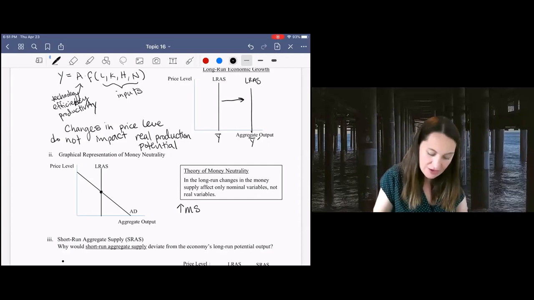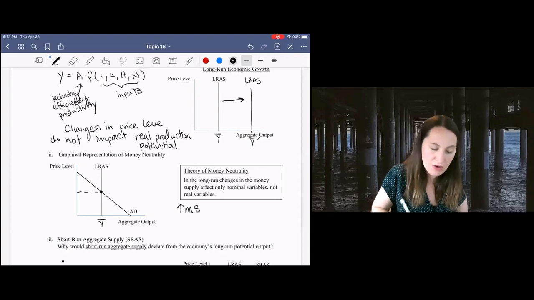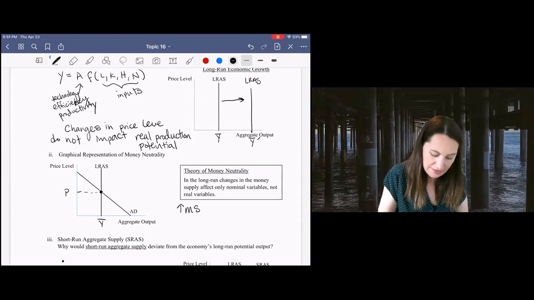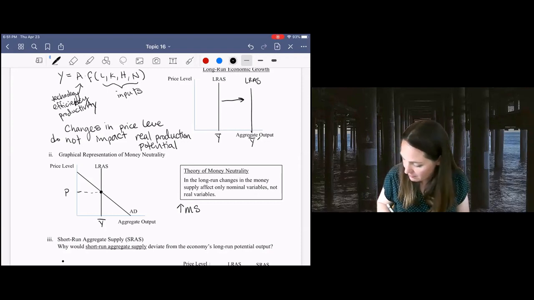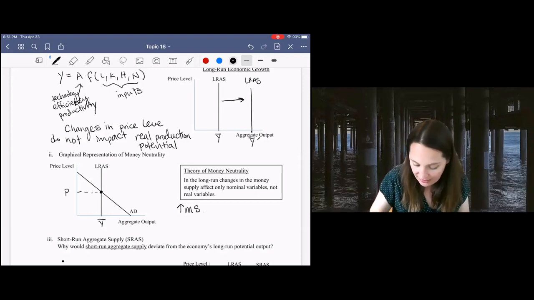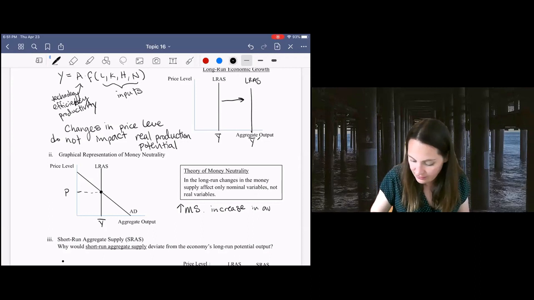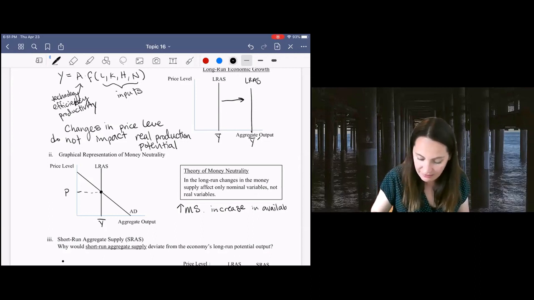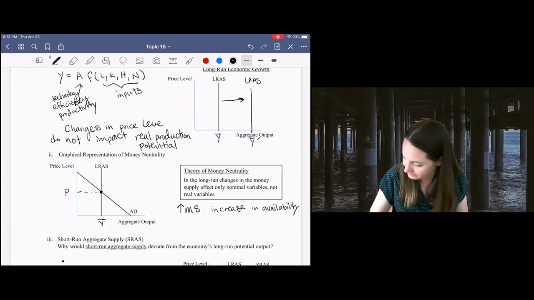So we're starting out here at this long-run equilibrium level of output and this long-run price level. And when we have an increase in money supply, it means that we're going to have more money circulating in the economy, obviously. So we have an increase in the availability of funds that banks have to loan out.